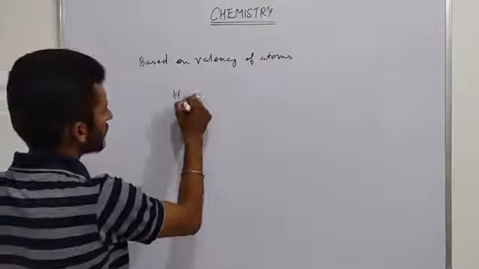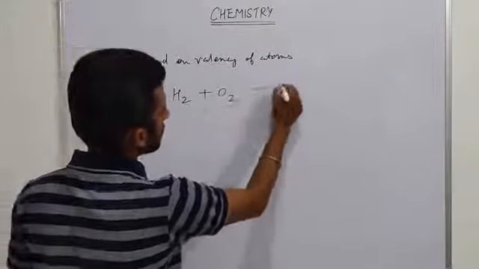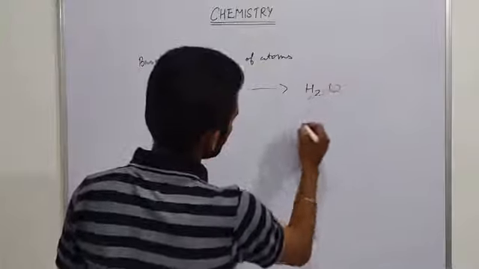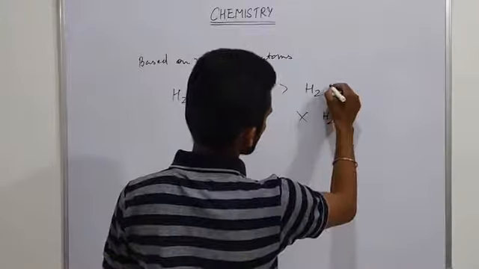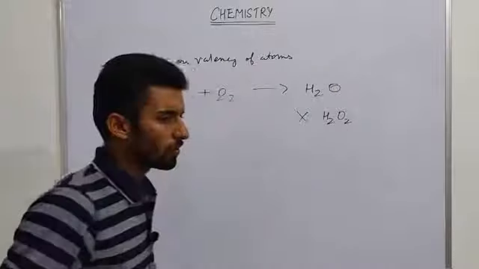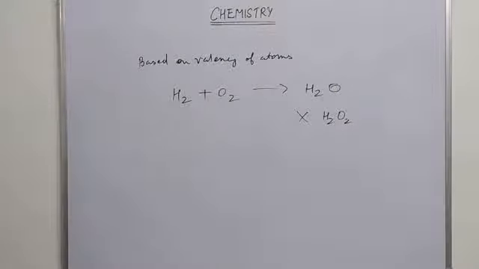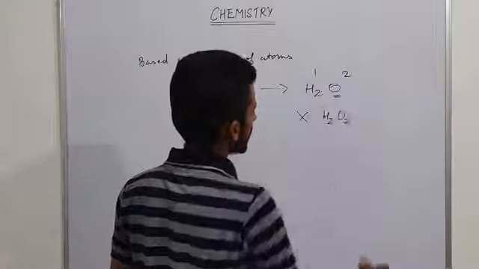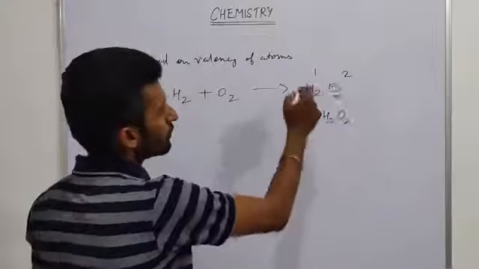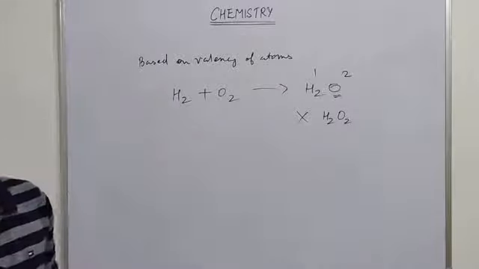Like hydrogen when combines with oxygen, it forms H2O and not H2O2. Only H2O is formed but not H2O2. Why? Because valency of oxygen is 2 and valency of hydrogen is 1. So 2 needs to be satisfied by 2 on that side also.